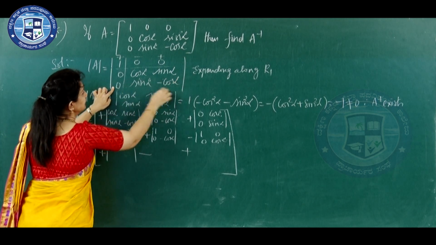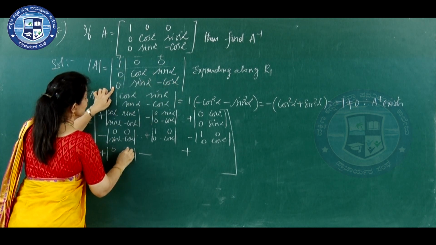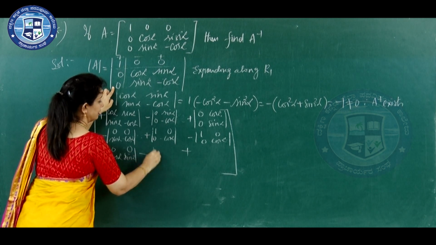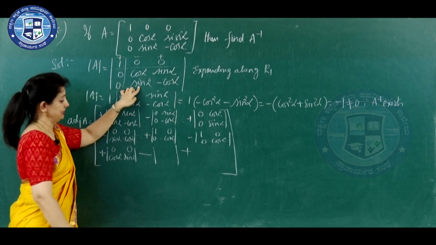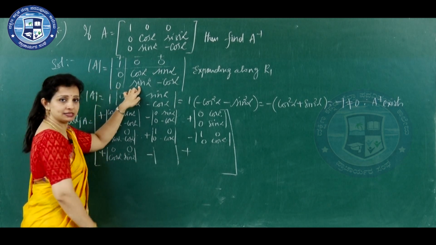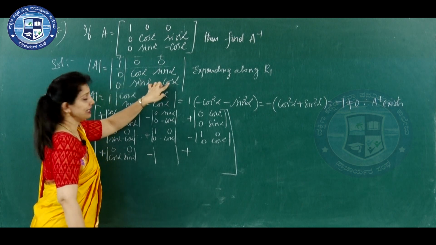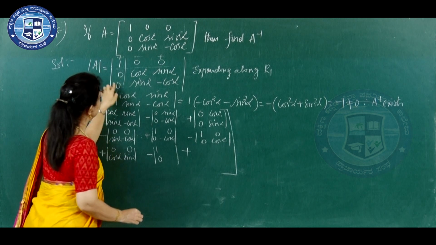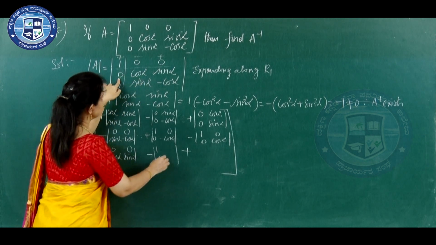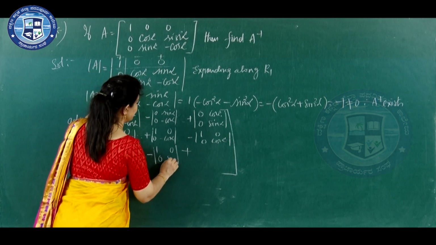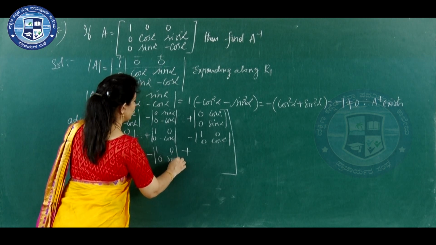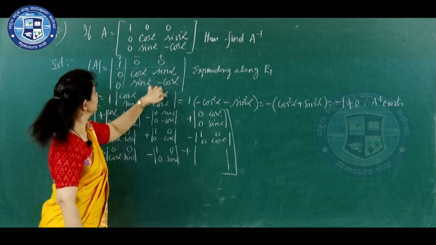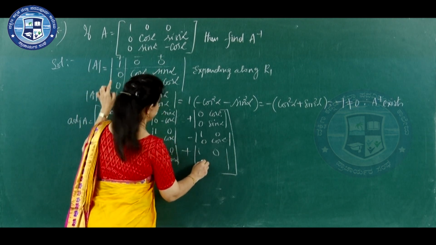Delete the third row and first column, 0, 0, cos alpha, sin alpha are remaining. Next, here the position sign is minus. Eliminating third row and second column, 1, 0, 0, sin alpha, isn't it? And finally, deleting third row and third column, 1, 0, 0, cos alpha.